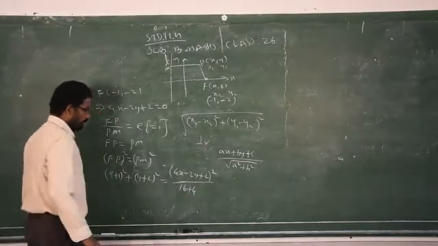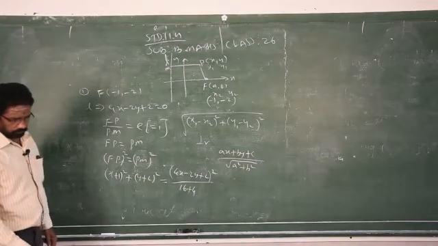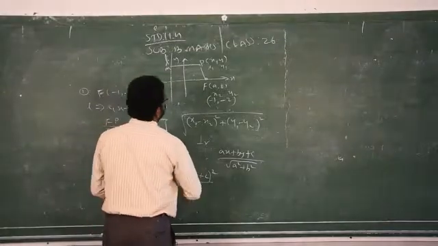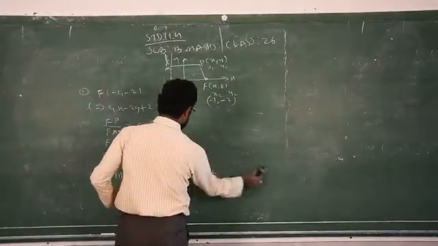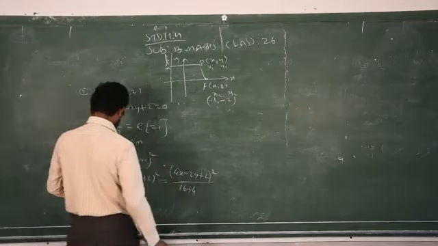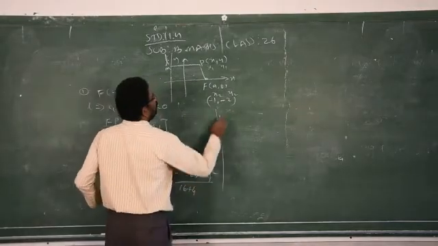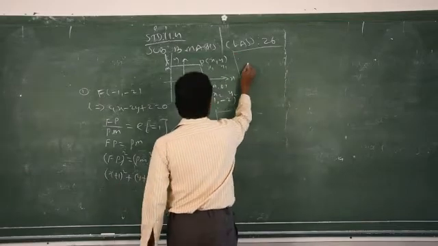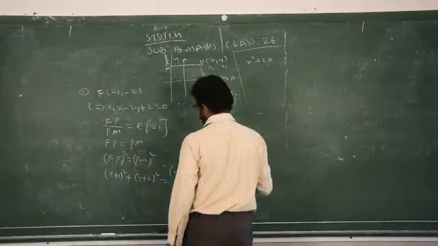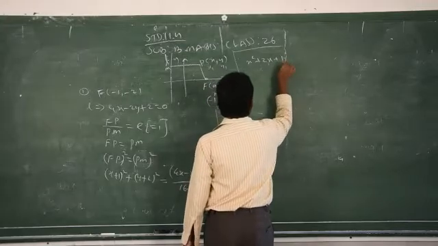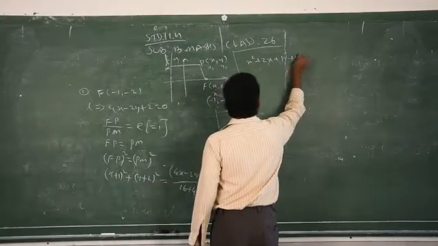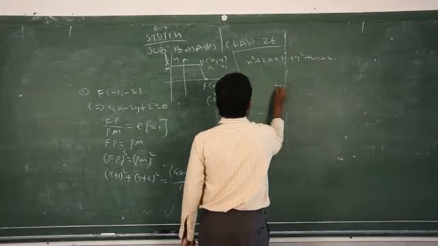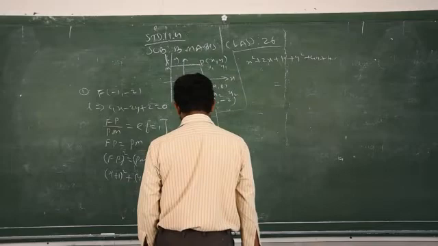Now you have to replace. Expand this one. This a square plus 2ab plus b square plus a square plus 4 is equal to, what is that?